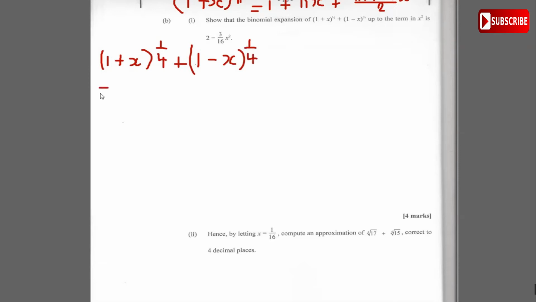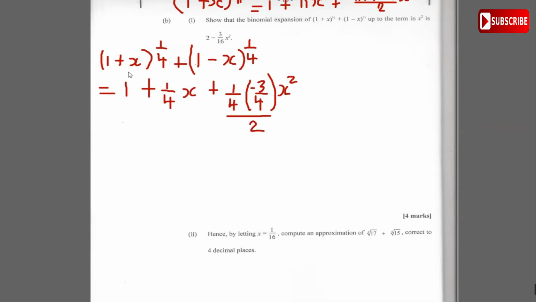The (1 plus x) to the quarter is going to be 1 plus nx. n is a quarter, x is x, so it's going to be a quarter x, plus n times (n minus 1), which is a quarter times (a quarter minus 1), and a quarter minus 1 is minus 3 over 4, times x squared, and this is being divided by 2.